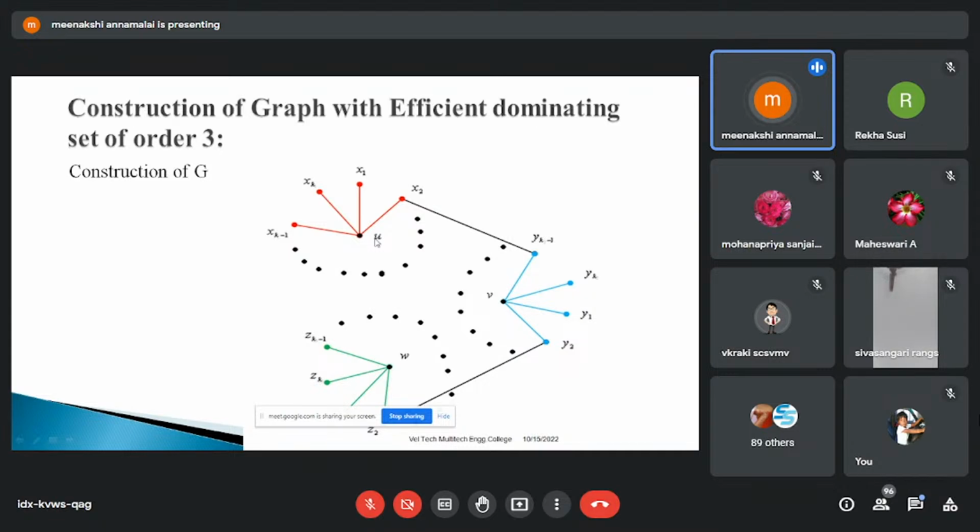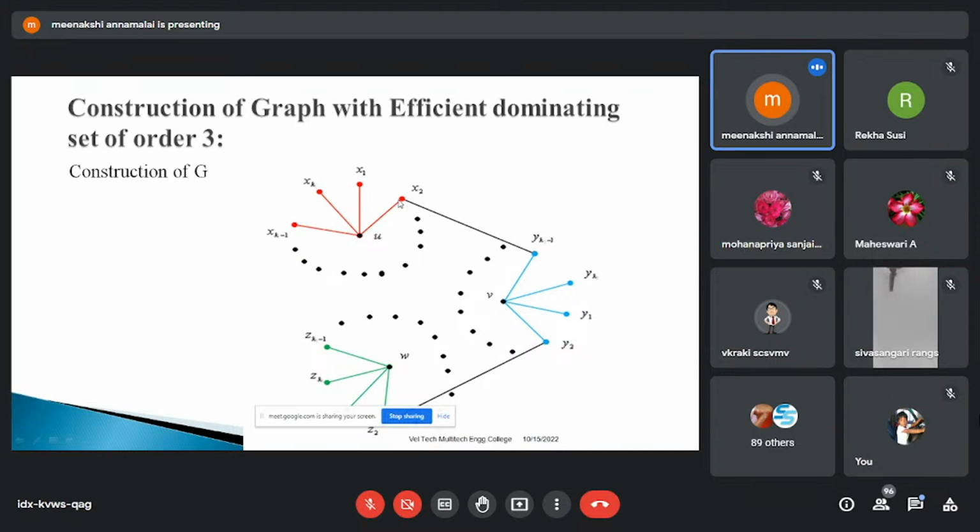That is, I cannot join U to YJs, where J lies between 1 to K2. I cannot join U to ZK, where K lies between 1 to K3. Likewise, I cannot join V to XI, the vertex V to ZK. Likewise, W to XIs, W to YJs.